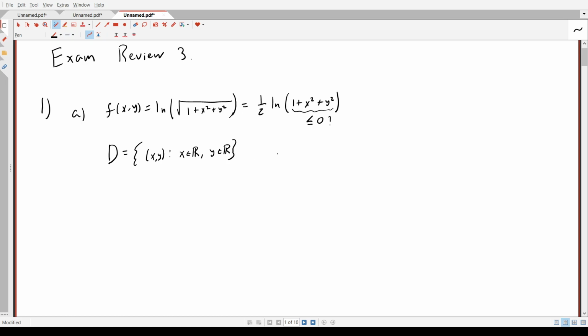We could just say that the domain is equal to R squared, which means all of the possible pairs of two real numbers. But something like this will be fine. Another way of writing it: x, y, such that minus infinity less than x less than infinity, and minus infinity less than y less than infinity. That would also be fine.